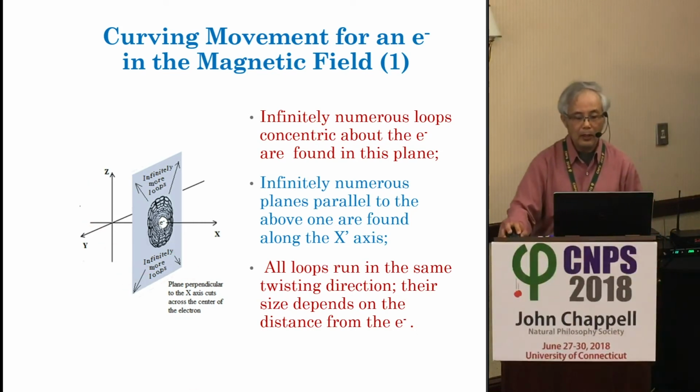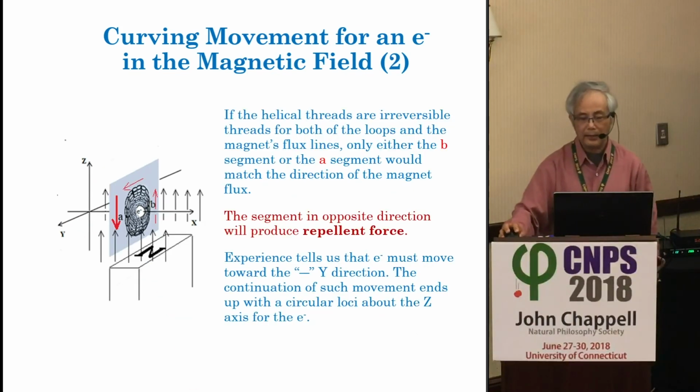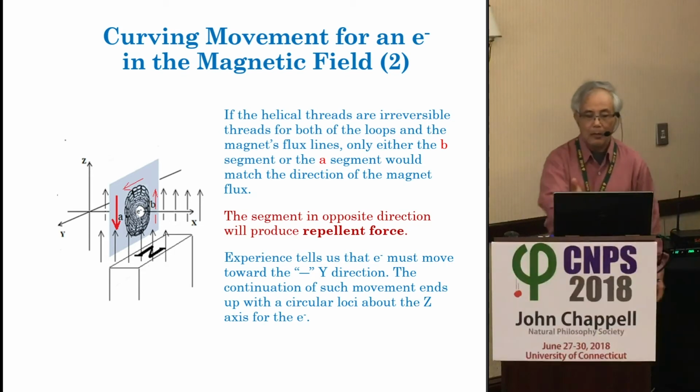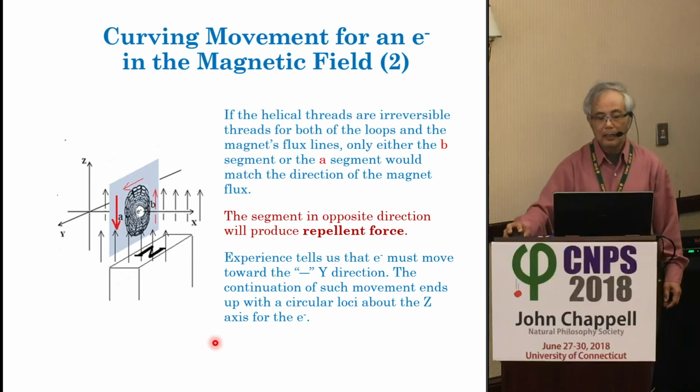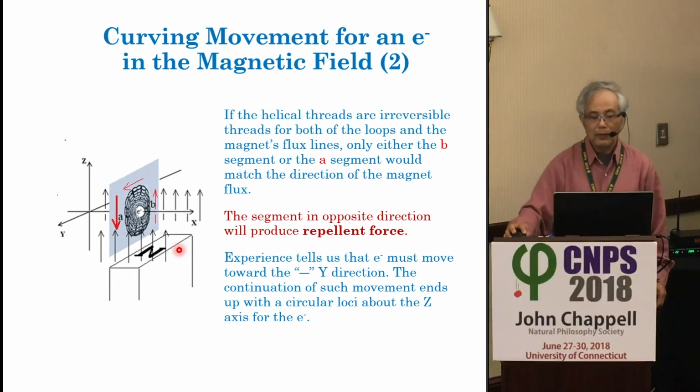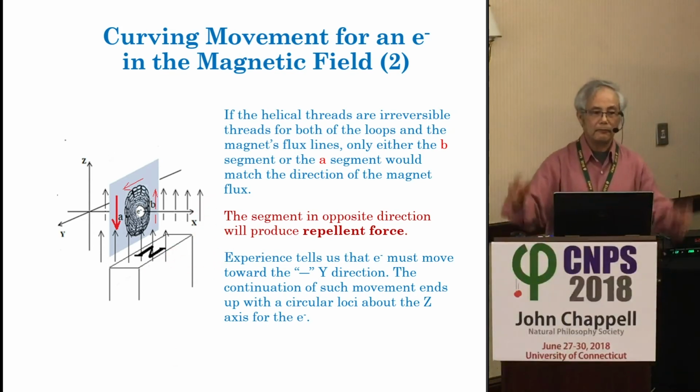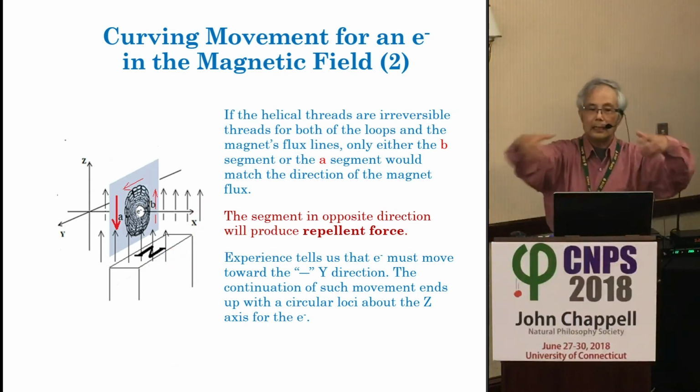Now, we are going to place a magnet below this moving electron. From this magnet, all this magnetic flux is pointing out.